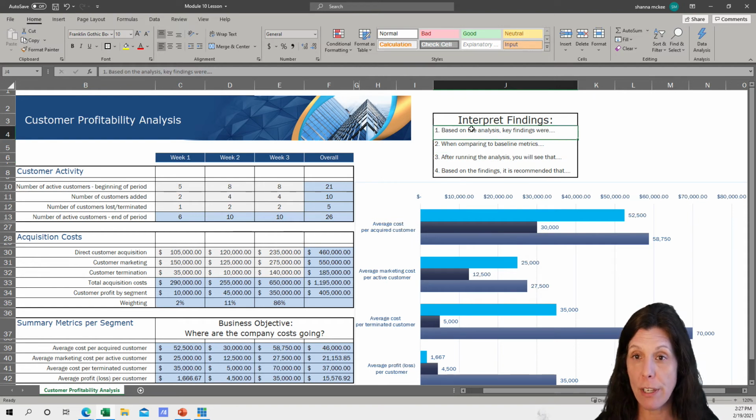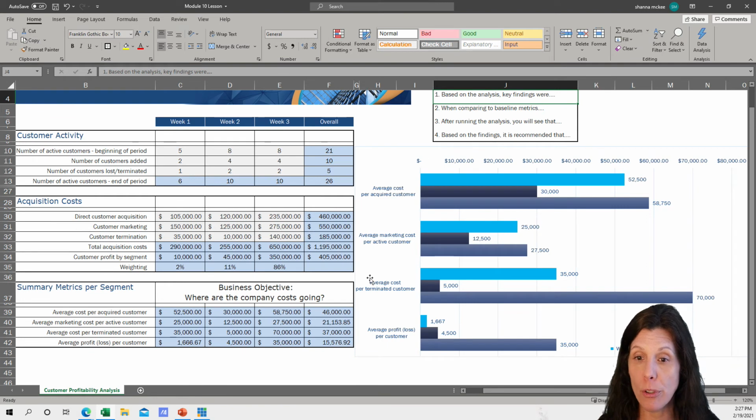So to the very first interpret finding phrase here, based on the analysis, key findings were. We will be able to draw all of these conclusions just by looking at this dashboard. We know that week 3 across the board is where the money or the cost goes across all categories.